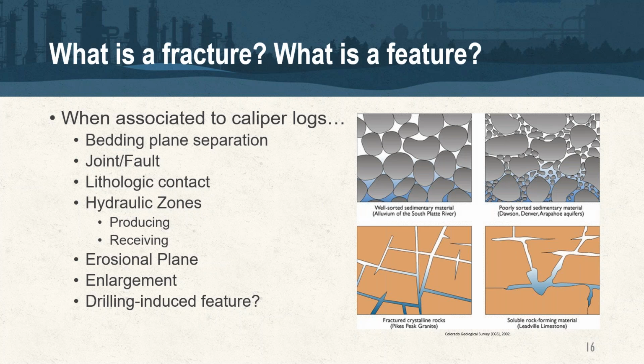And these are usually identified with what we would see within the caliper logs, like bedding plane separations, joints and faults, lithologic contacts, potential hydraulic zones when we're looking at it with a camera, seeing instances of producing groundwater or receiving groundwater, erosional plays or enlargements from dissolution or whatnot, and then even potentially features that show a weakness in the geology during drilling.